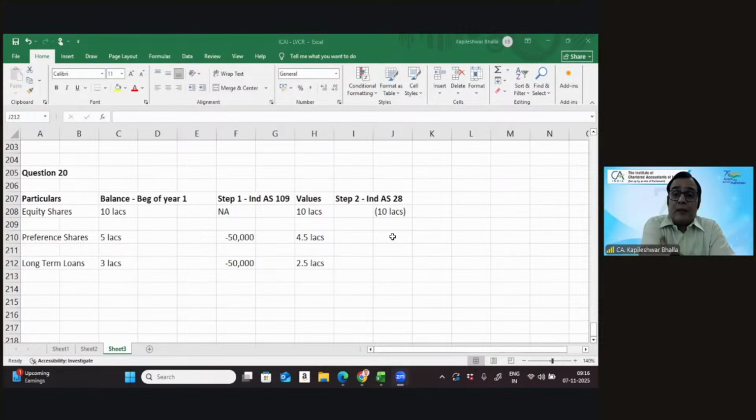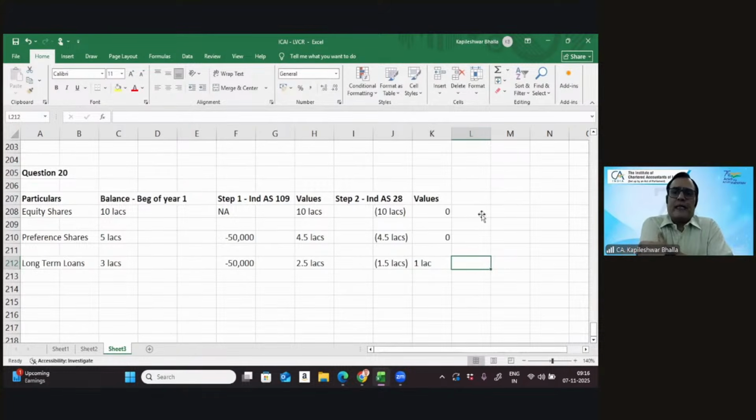So can I say out of that 6 lakh, we can pass on a loss of 4.5 lakhs to the preference, and the remaining 1.5 lakhs can be passed on to the loans. So let's get the values post the step number 2. This becomes 0, this becomes 0, and this becomes 1 lakh. So this comes to 1 lakh.